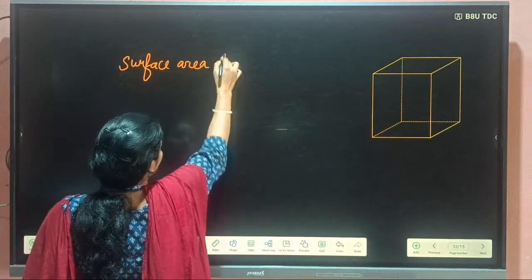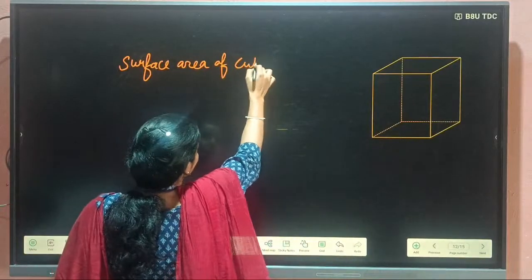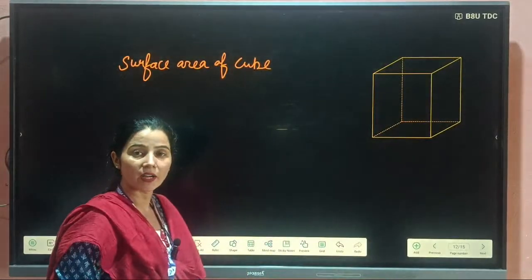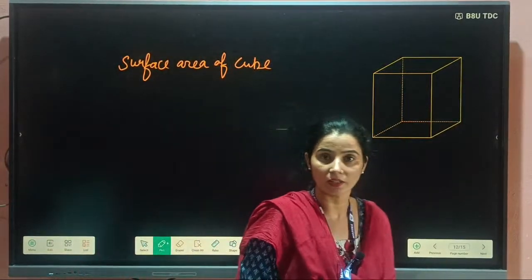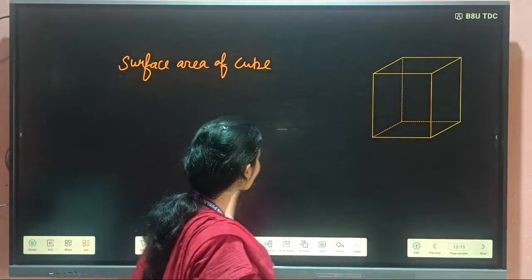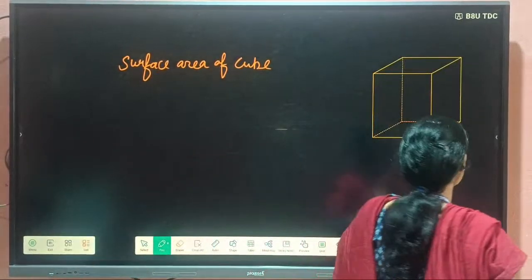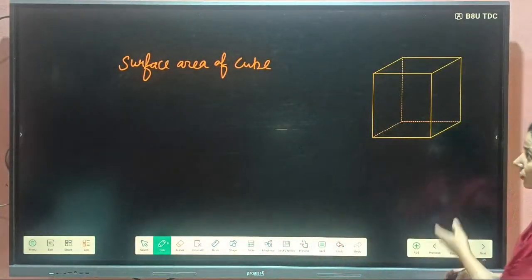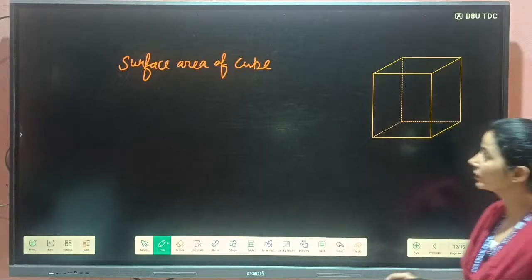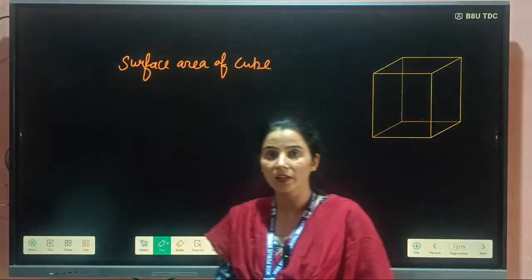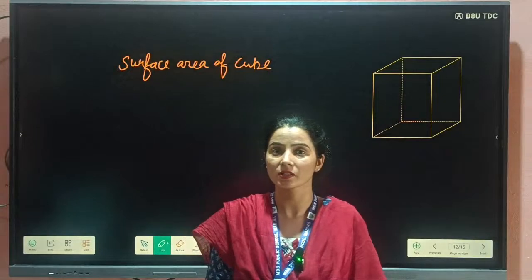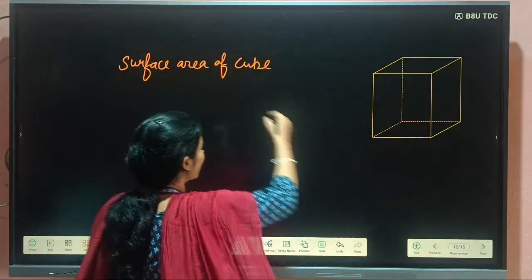Surface area of cube. Like in 2D figures, we were finding their perimeters and area, and now we are going to find out their surface area. Surface area is of two types in 3D figures. One is lateral surface area and another is total surface area.